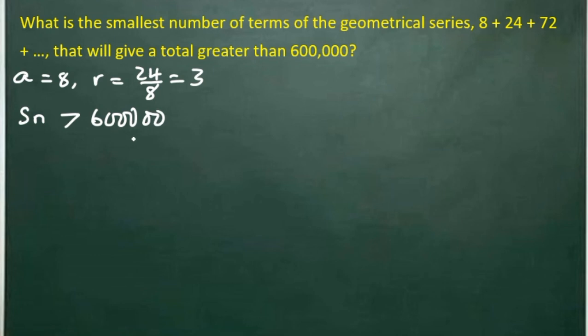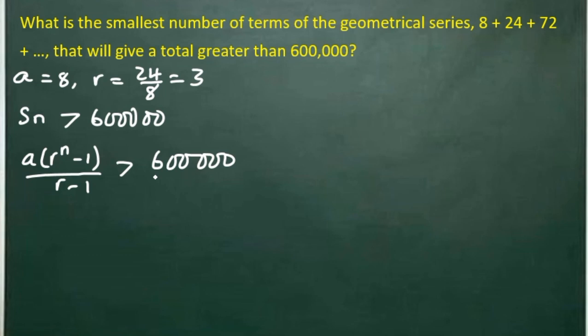Now we know Sn is a into r to the exponent of n minus 1, divided by r minus 1, greater than 600,000. Let's carry out the substitution.